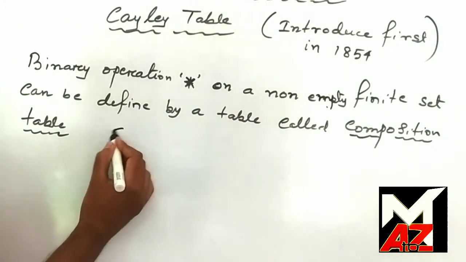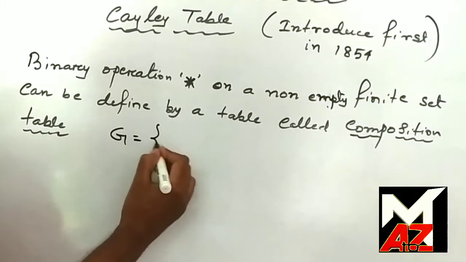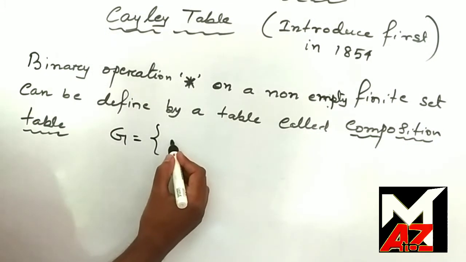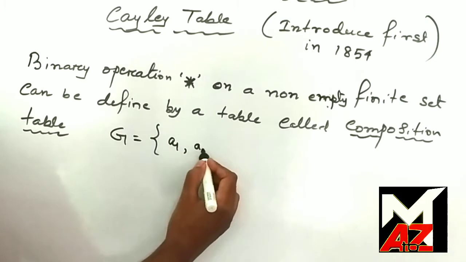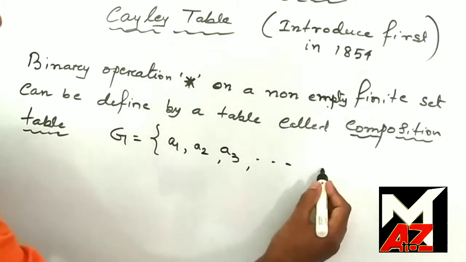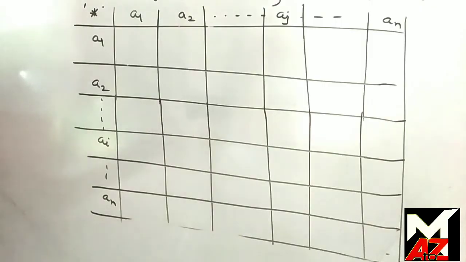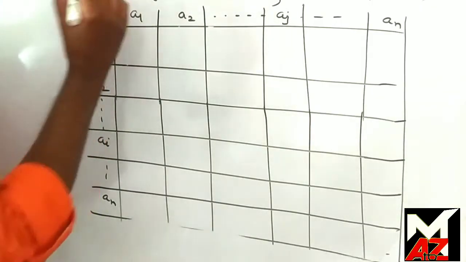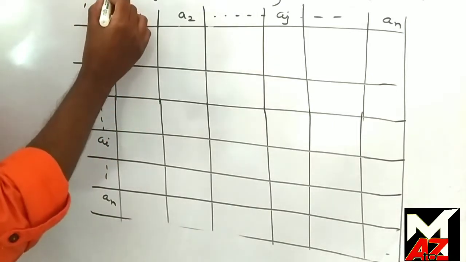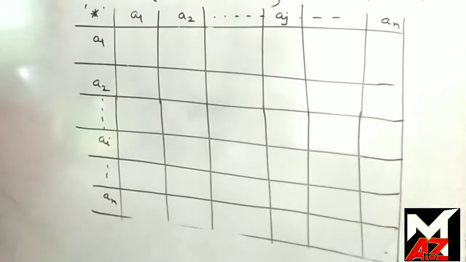So here the set G must be finite. Let it contain n elements named A1, A2, A3 to An. Now we draw a composition table of the finite set G with respect to the binary operation star.